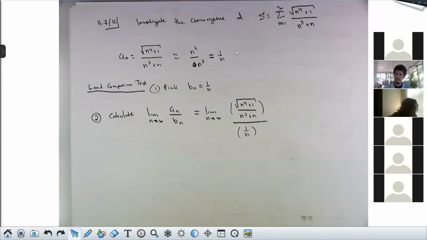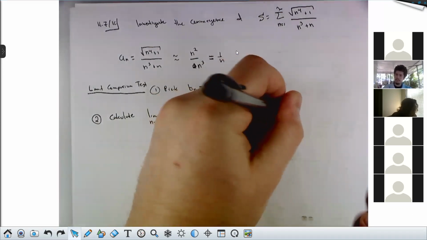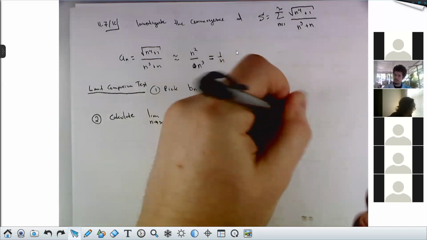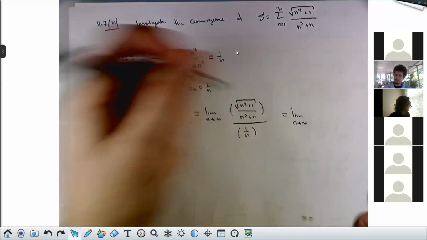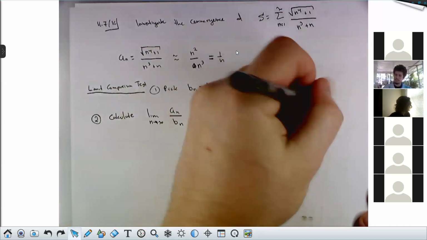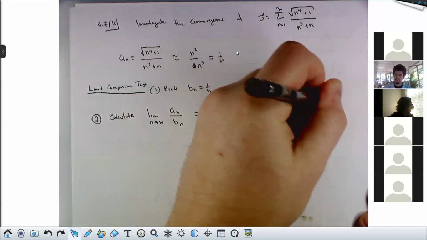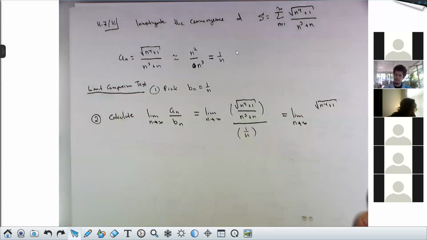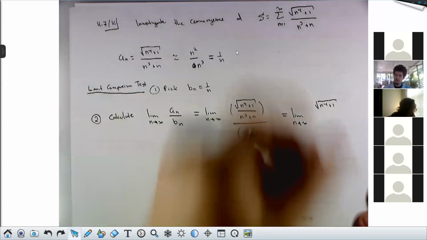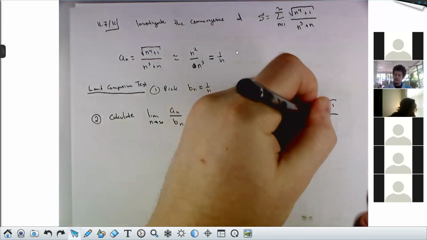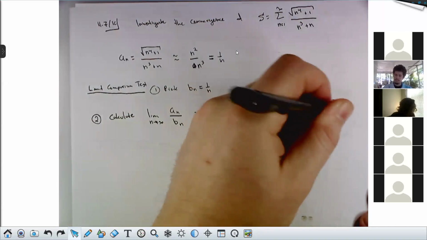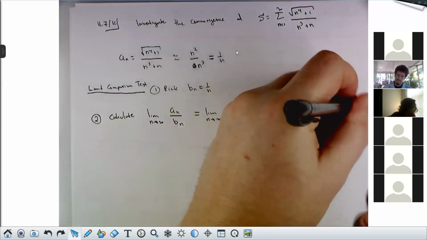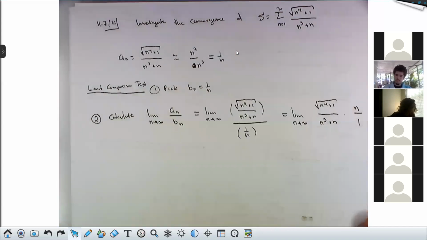And then flip and multiply. This would be the square root of n to the 4 plus 1 over n cubed plus n times n over 1.